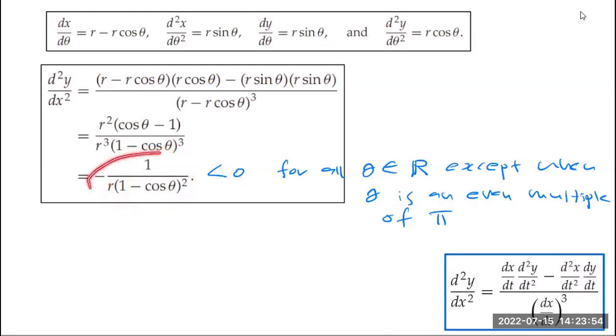What does that tell you? If the second derivative is negative, the function is concave down.